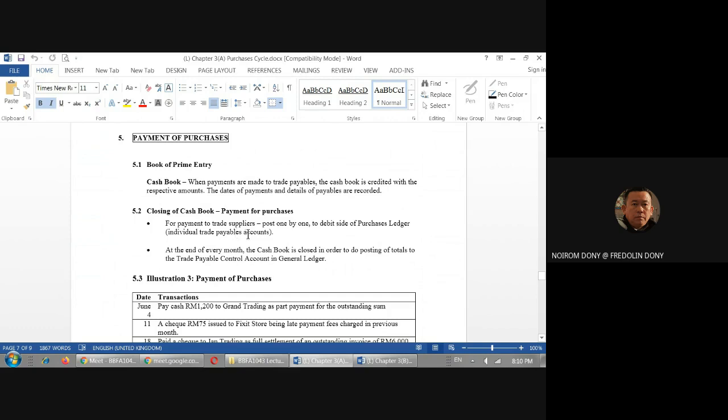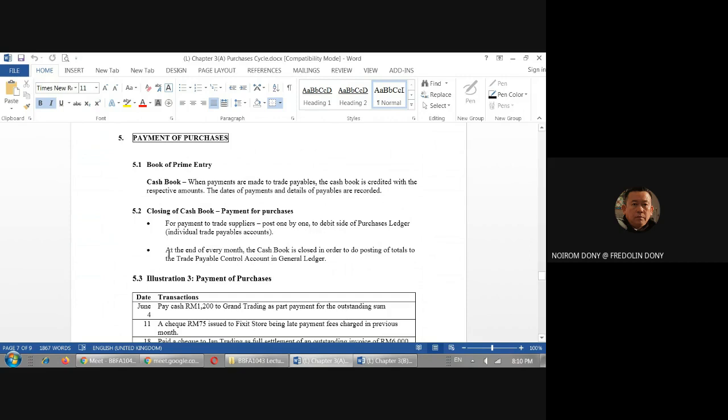The first step, we post one by one to the debit side of the purchases ledger, the individual trade payables account, meaning we reduce the individual trade payable, isn't it? So we only observe single entry, not double entry. What is the meaning? Single entry. We only do the debit entry, but there is no credit entry.